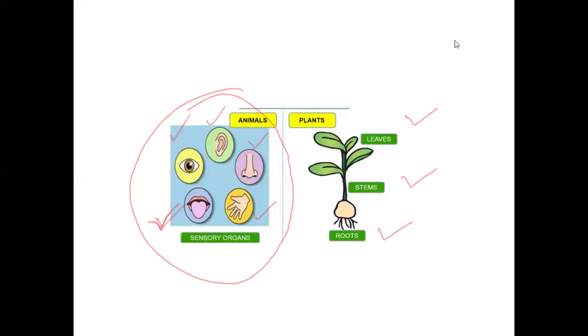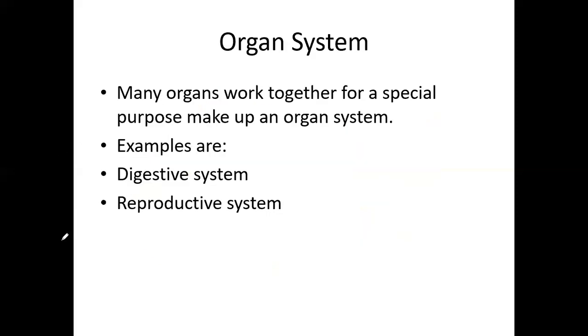Let's move towards the next slide. When different organs work together for a special purpose, there will be the formation of an organ system. So many organs work together to make one organ system.